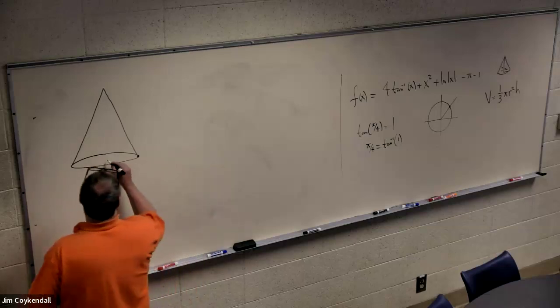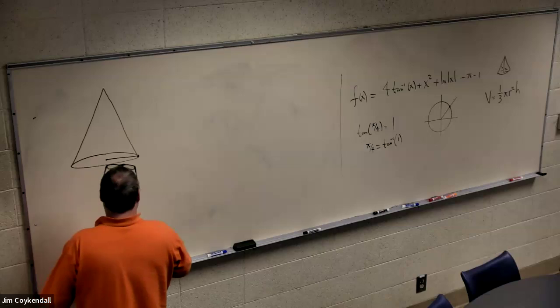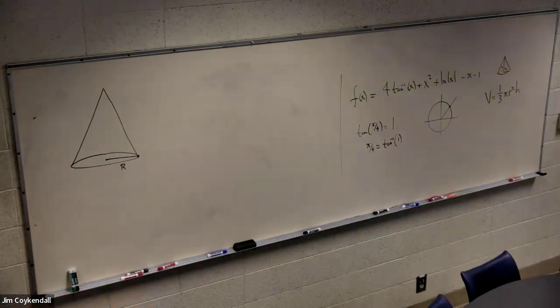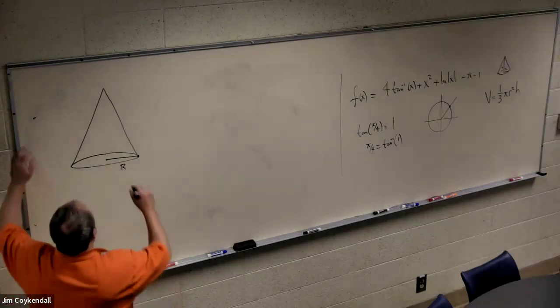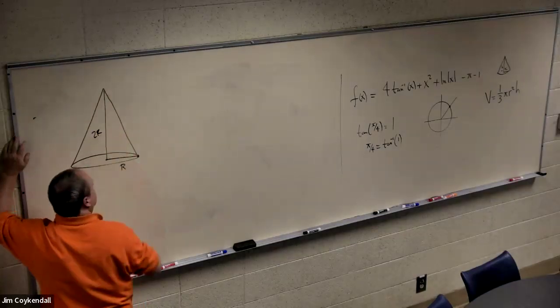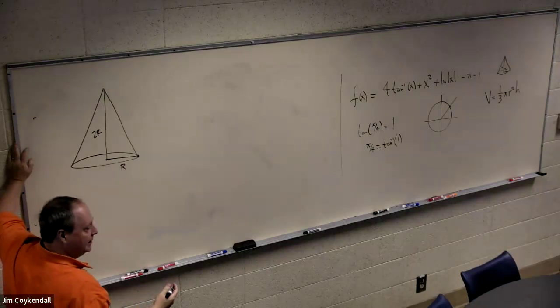So we'll say the radius is R, because that's safe. We're going to use 24 later, perhaps. And what do we know about the height? The height is twice R. So let me label this appropriately. This is actually 2R. So let's use this with our formula.